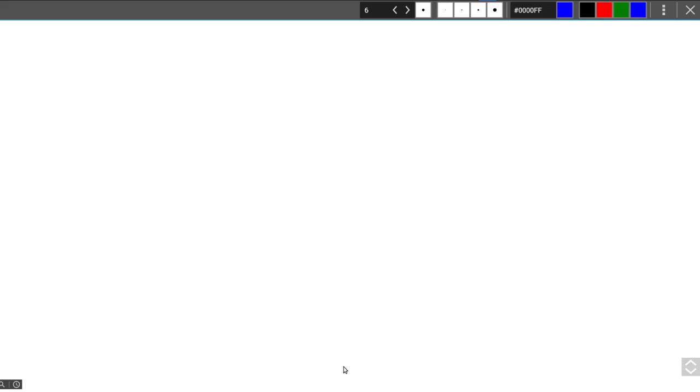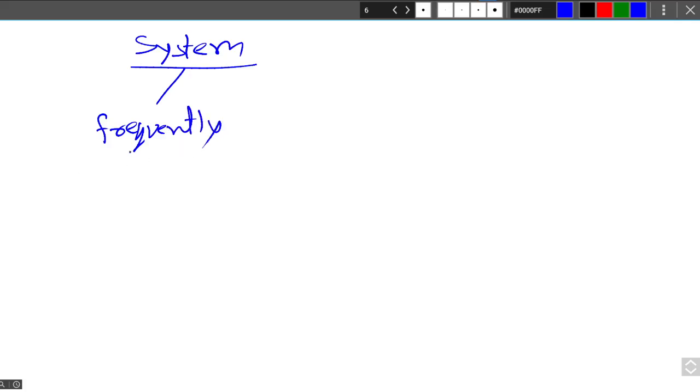When we talk about making the common case fast, what does it mean? Suppose in our system there is some part, maybe floating point operation, which is frequently used.